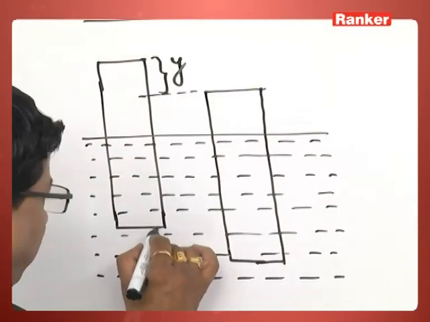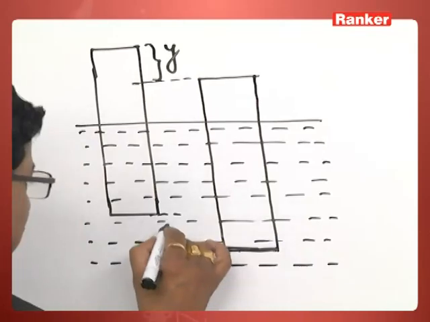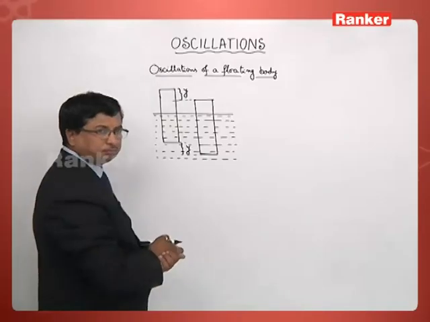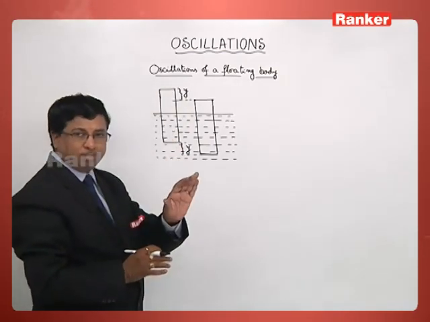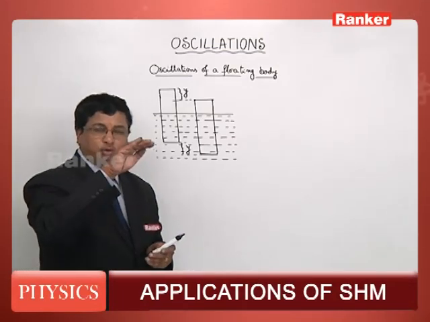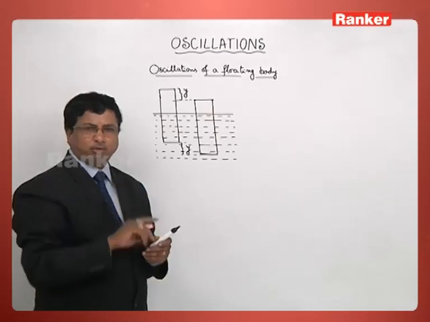And even here also you will be getting the same value of displacement y. So, y is now going to be the displacement by means of which we have pushed that floating body into that water or that liquid.